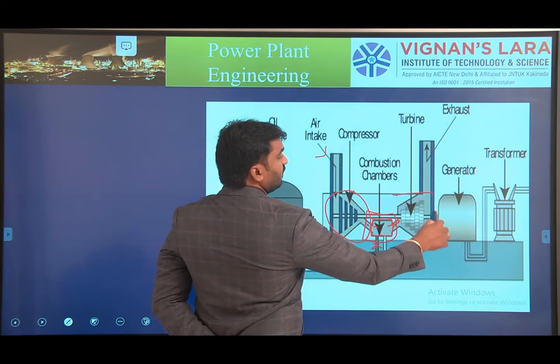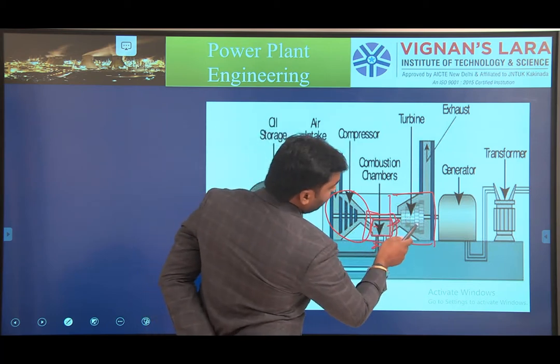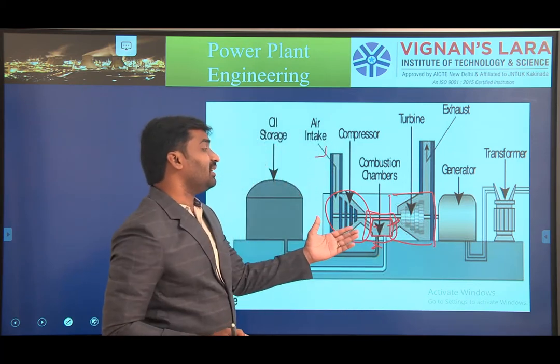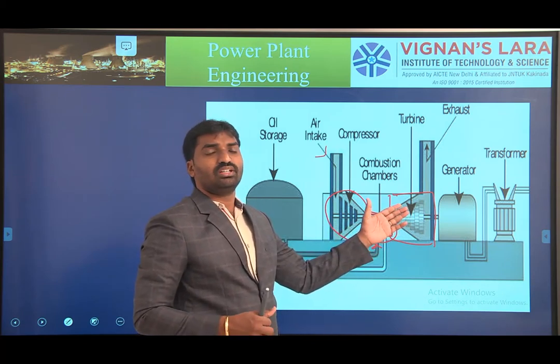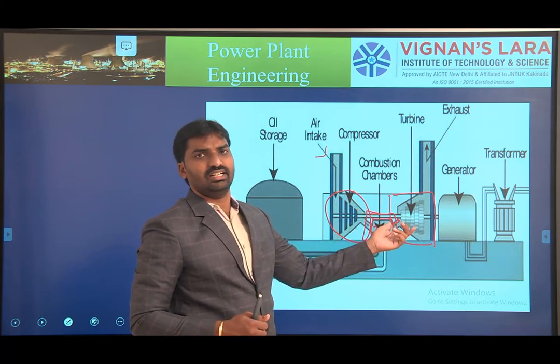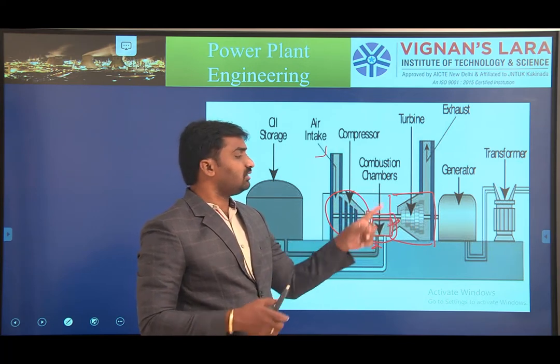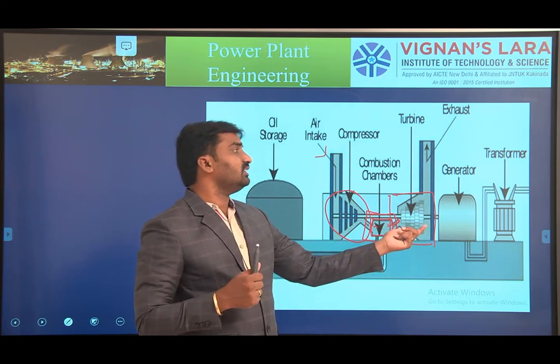So in this turbine layer, we have n number of blades. So that high temperature and high pressure air strikes the turbine blades. So the gas is expanded here, and the kinetic energy is converted into mechanical energy in this part.